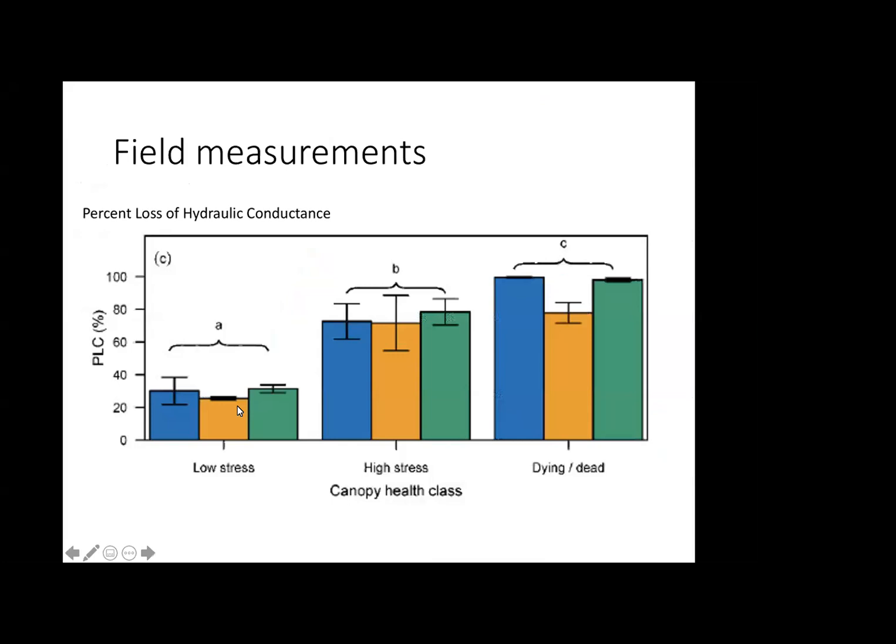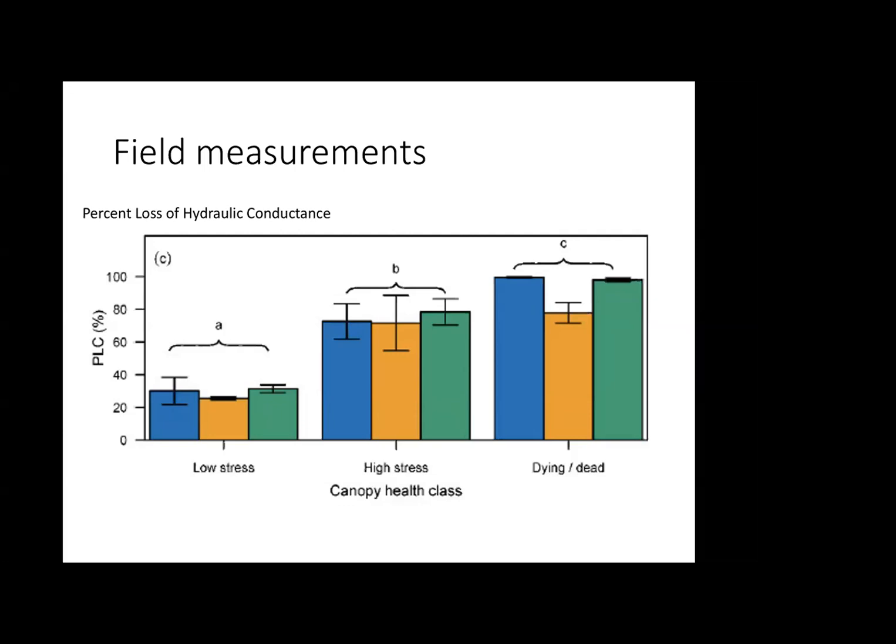And what they have found in this paper that's just been accepted the other day in New Phytologist is a really striking increase in percent loss of conductivity across the classes of trees. So the low stress ones had a low percent loss of conductivity.